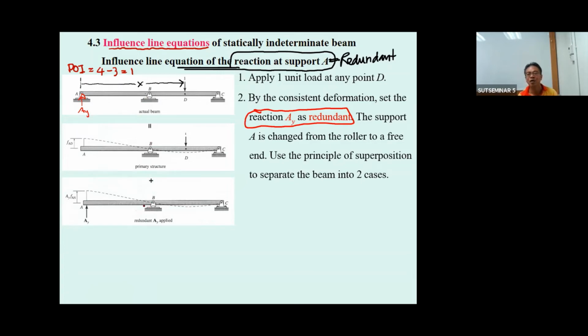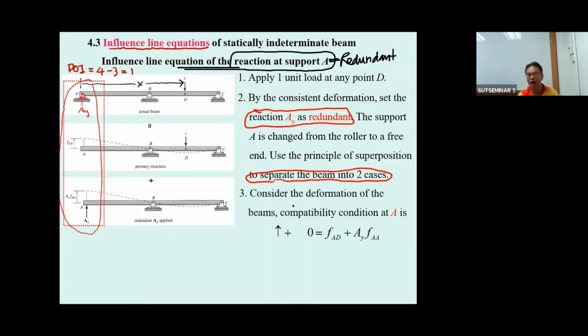Okay, and then what we have again from the separate two cases that we mentioned, we just consider the deflection at point A, and then we can write the compatibility condition at point A. This is 0. This is the deflection at point A due to the force applied at point D. This is positive.